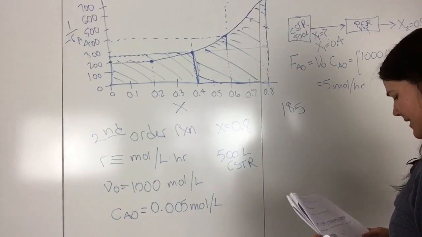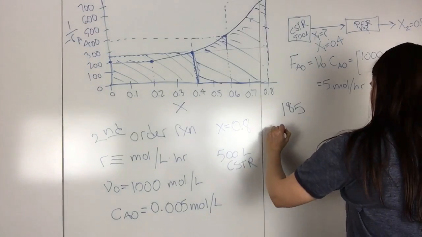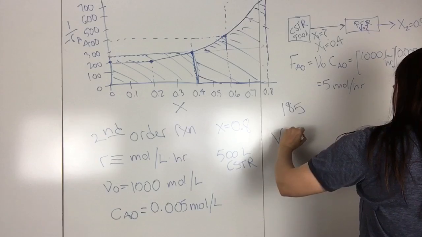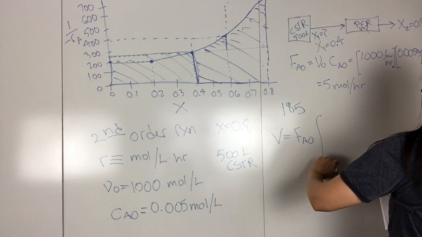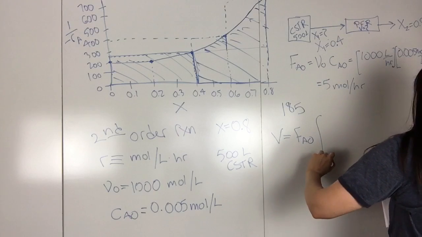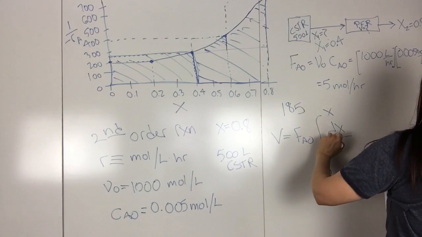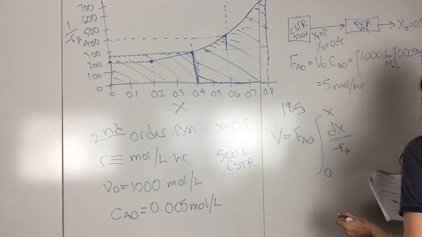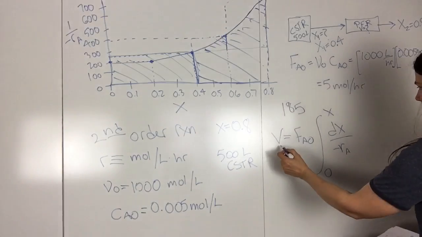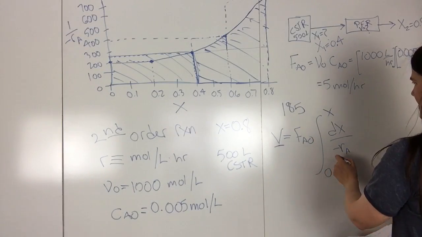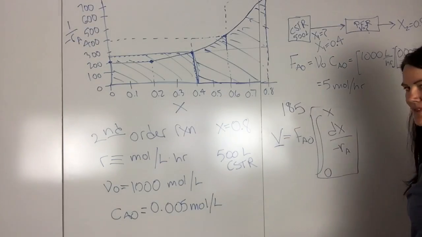So if you look at the design equation for a PFR, the volume is the molar flow rate, integral from 0 to x, dx over minus RA. And so this is the volume. From this plot, we already know that this is equal to 185.